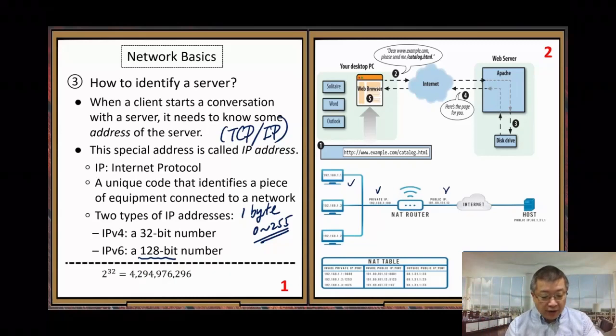Next, regarding the number of IP addresses for IPv4, you can see that the number is not very big, just a little more than 4 billion. Here you can see this number, 2 to the power of 32, a little more than 4 billion.